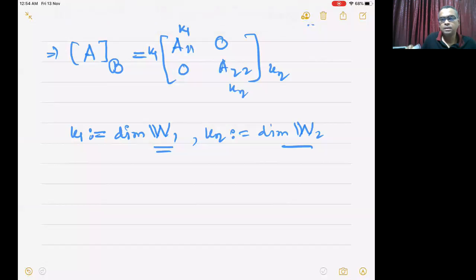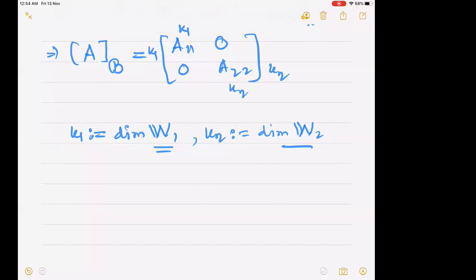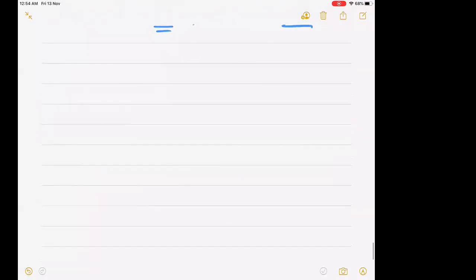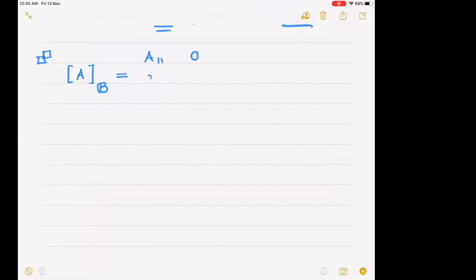Okay, here it is. So what we're going to do is look at this block diagonal representation in a little more detail. We have A, the linear operator, represented in this basis B, given by A11, 0, 0, A22.